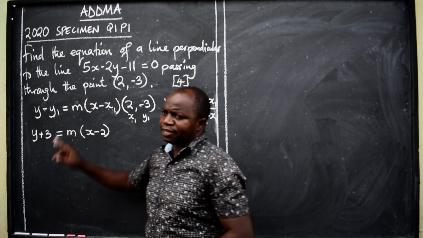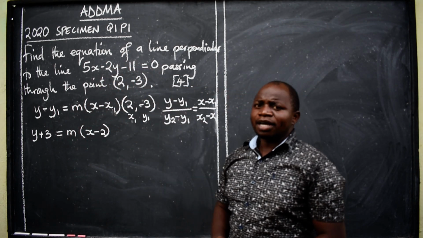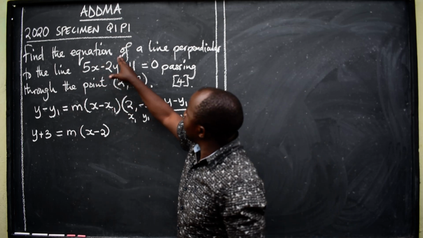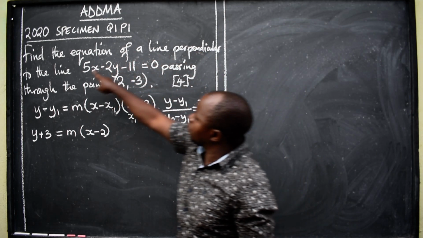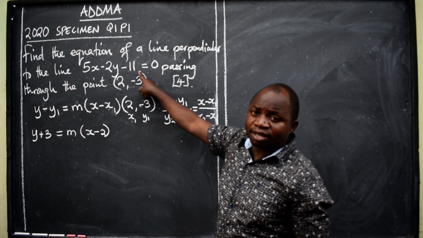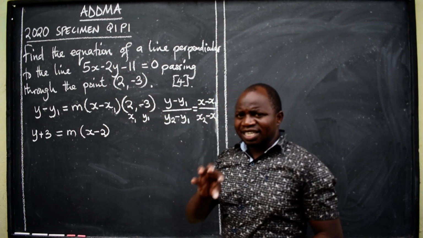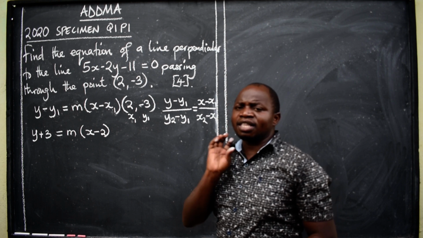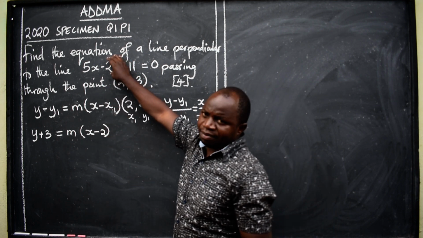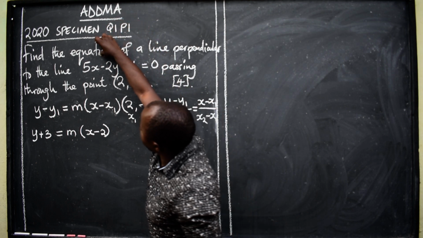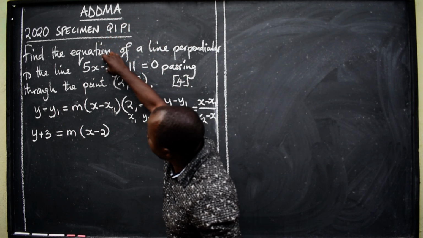What will be the next step to find the gradient? m is for gradient. We will be able to go back to the question. Find the equation of a line perpendicular to the line 5x minus 2y minus 11 is equal to 0. That is the equation that has been given. Now, the equation we are finding here should be perpendicular to this.